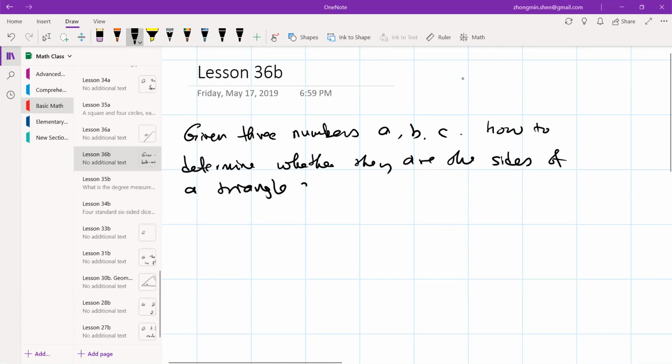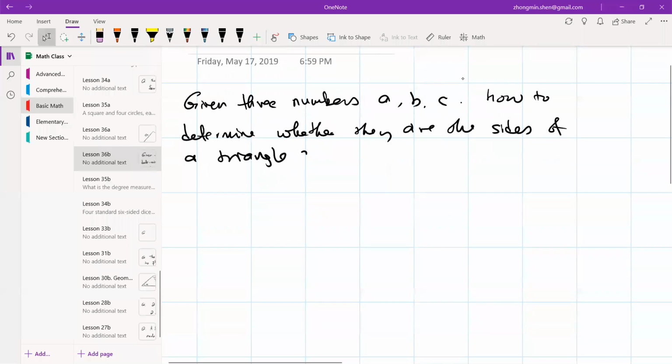So that's the question. Not all three numbers can form a triangle, okay?